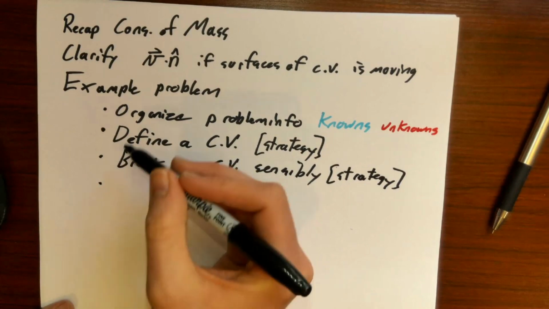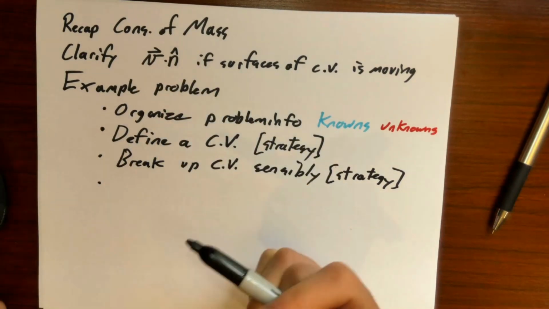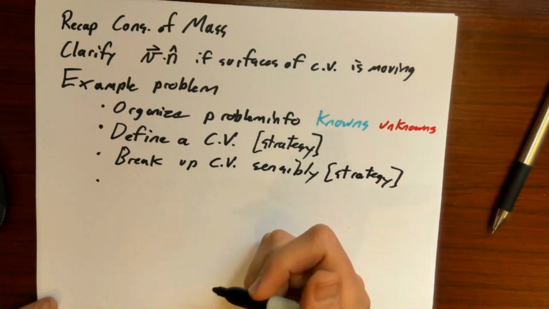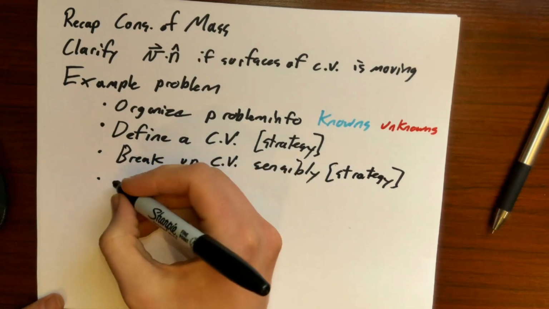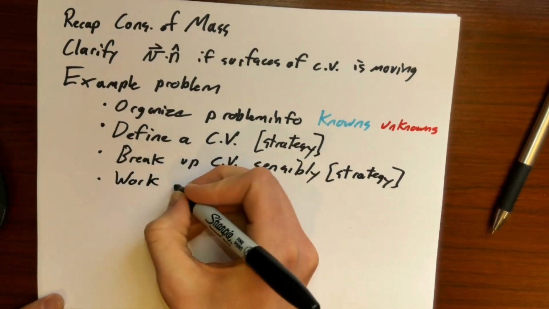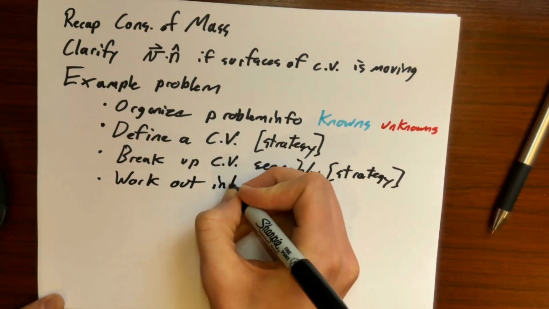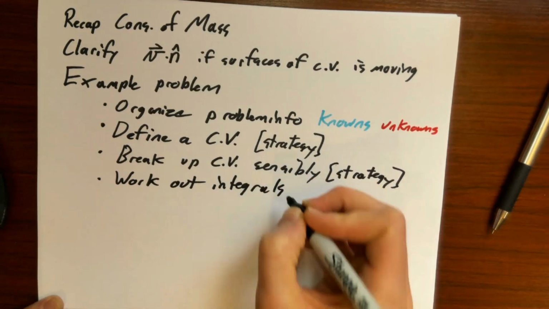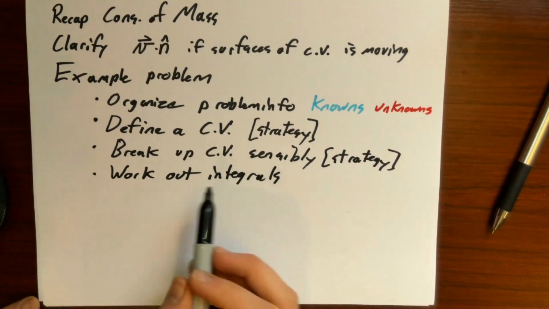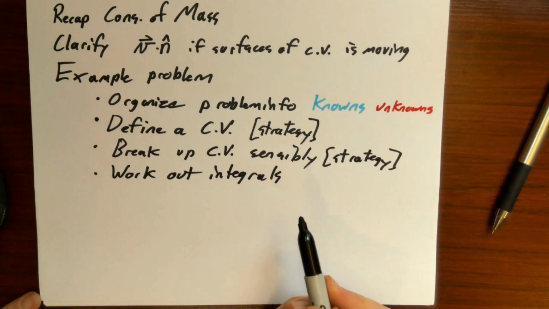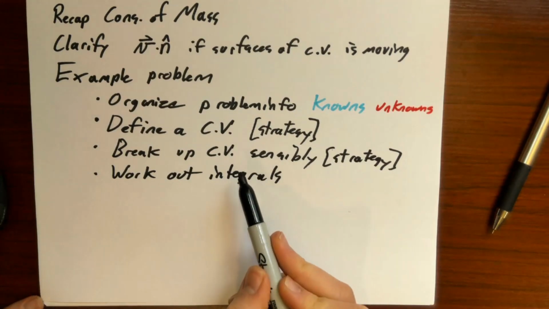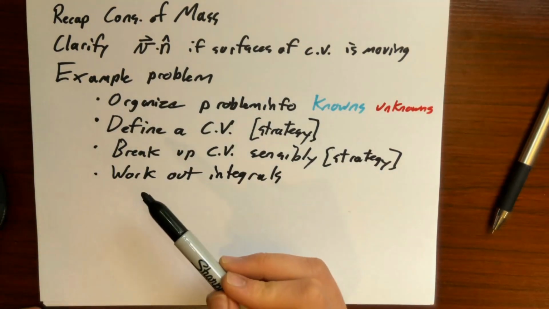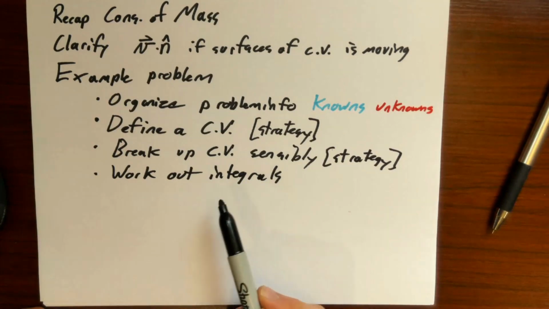Then, if you recall, conservation of mass has some integrals and derivatives and a bunch of mess in it. We're going to work out these integrals, and oftentimes we're actually not even going to need to do a lot of integration. Sometimes we'll end up just pulling almost everything out of the integrals, right? Remember, if we have integrals, you can pull constants out.